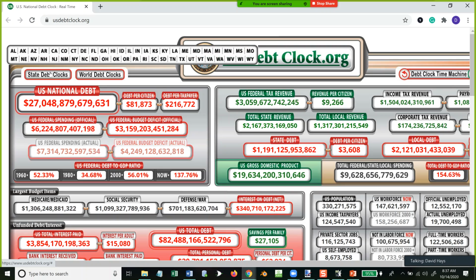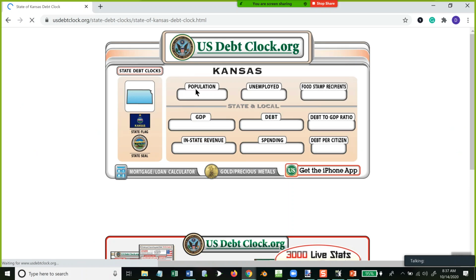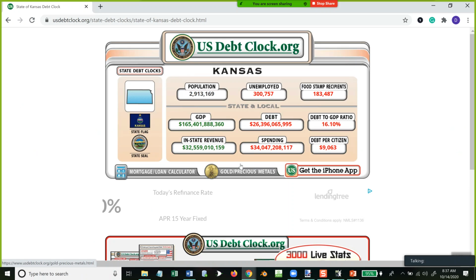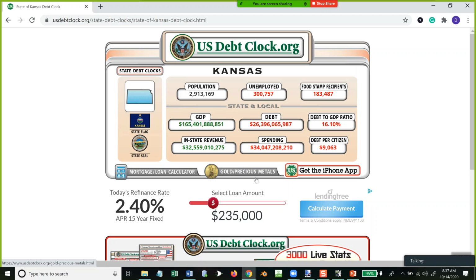State debt clocks. Let's see how Kansas is doing. I've never looked at this. Wow. Does that say we're $26 billion in debt? Doesn't seem very good.